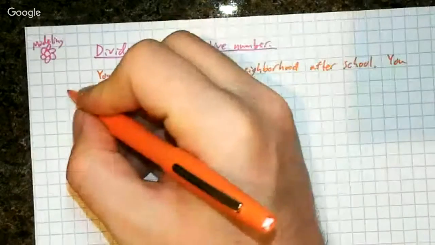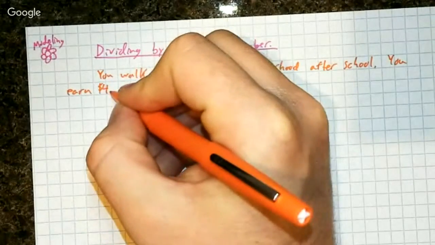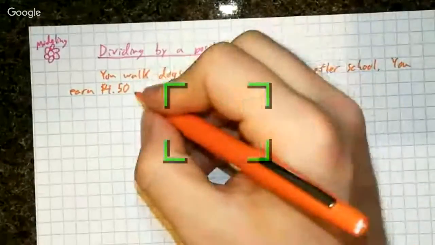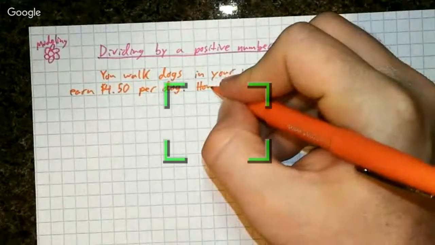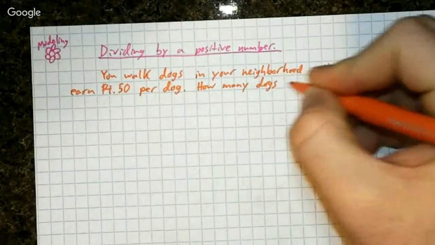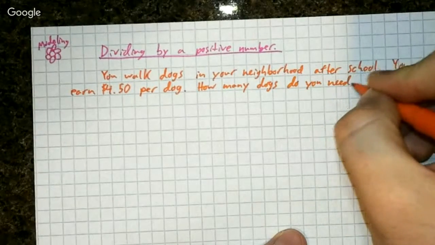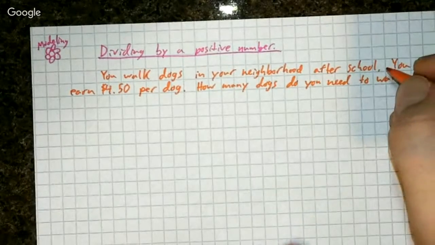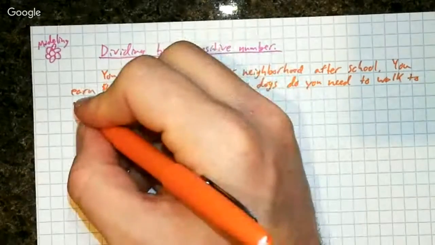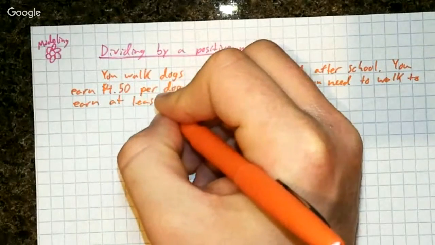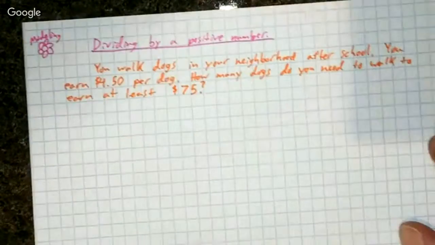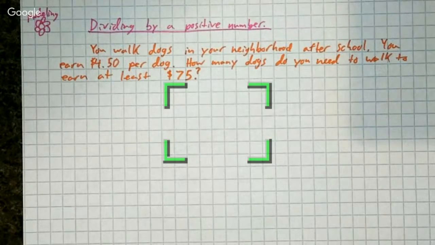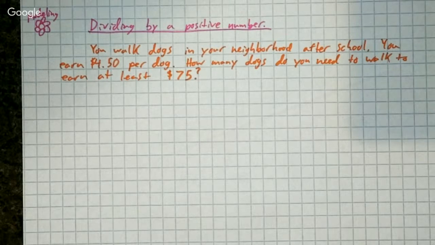You earn $4.50 per dog. How many dogs do you need to walk to earn at least $75?